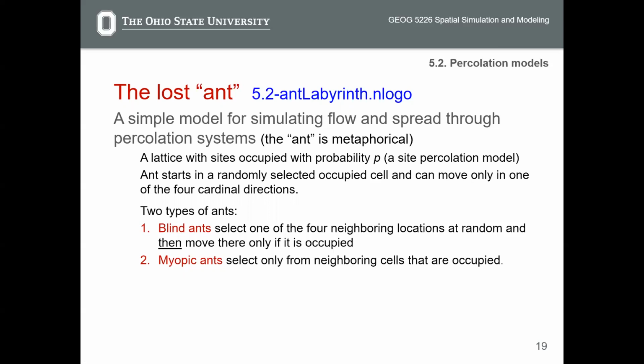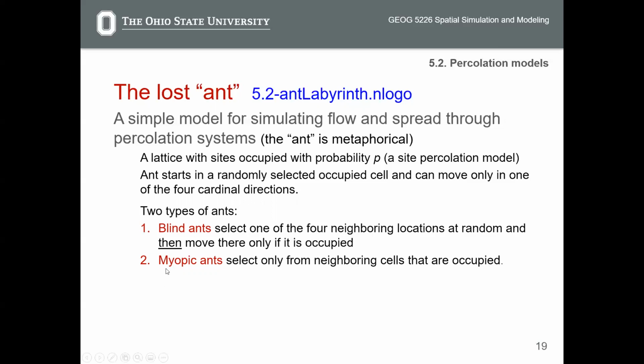If that is the case, then this ant will stay where it is for the next step and choose again until an occupied site is chosen. Then it will move there. So you can imagine that the walking efficiency of a blind ant is pretty low, because it could choose an unoccupied site and not move after the next step.